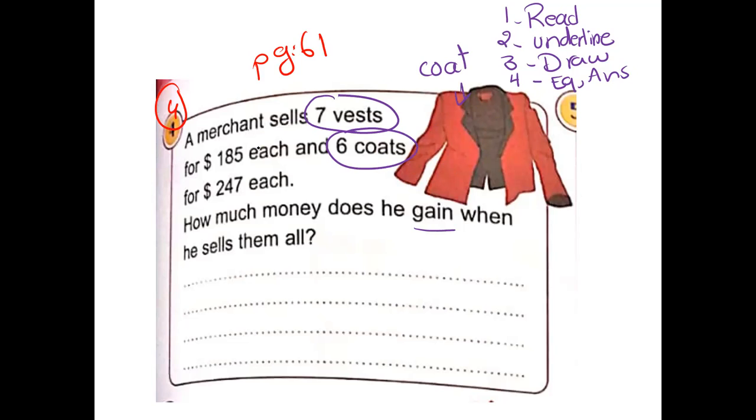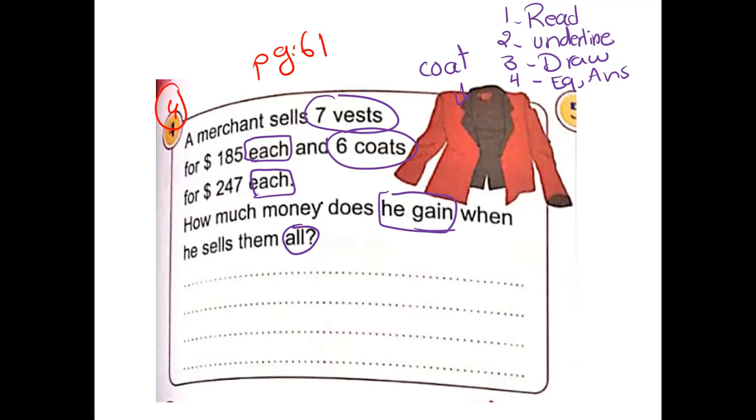What is the price of each vest? Each one, not the 7 vests. Each vest costs $185. What is the price of each coat? Not the 6 coats. Each one of them costs $247. How much money does he gain when he sells them all?